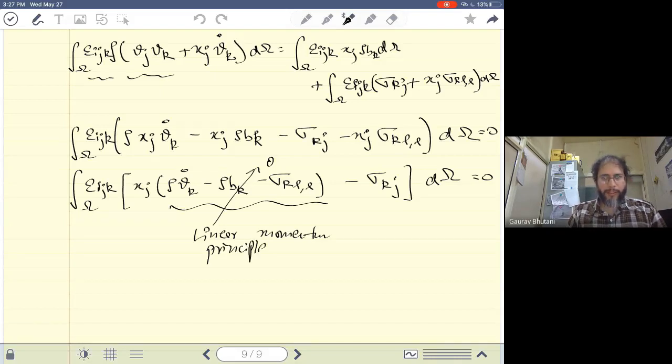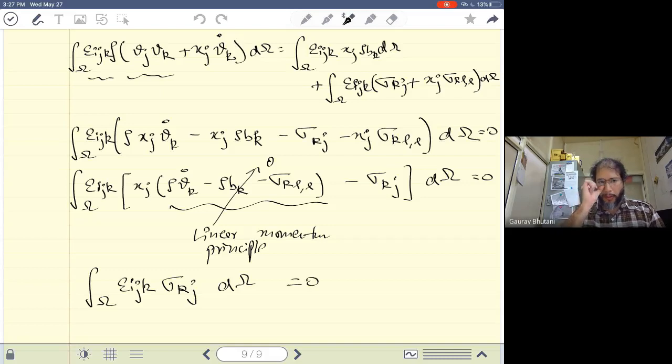So we're getting something very similar to what we had got earlier in the equilibrium equations while applying the angular momentum principle. So what we finally get is integral over omega of epsilon ijk sigma kj d omega equals 0.